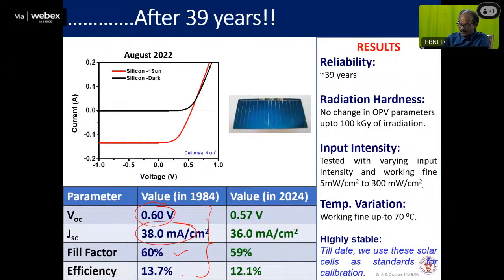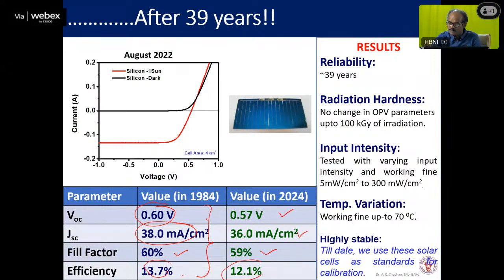And now if I measure some 810 solar cells, what I found, the average value of open circuit voltage now after so many years is 0.57 volt. JSC is this much, and so if you see, there is not much change. So efficiency over 40 years has changed from 13.7 to 12.1, that means these solar cells are still working.